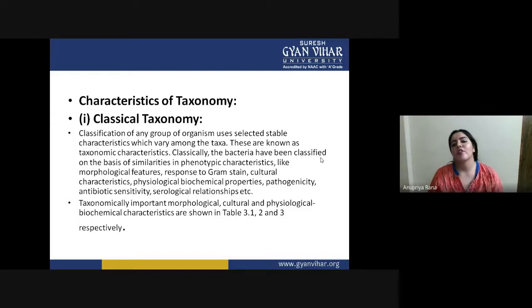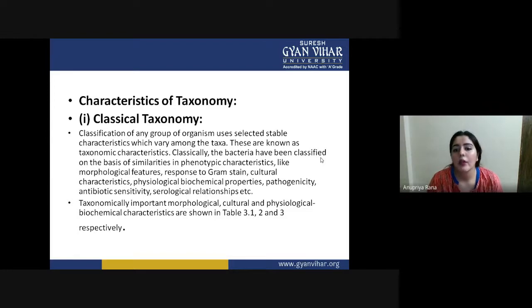So classification of any group of organisms uses selected stable characteristics which vary among the taxa. Okay, so we just studied that. The characteristics have to be stable inside a taxa to make it understandable, so that when we describe it, it holds true for that time.